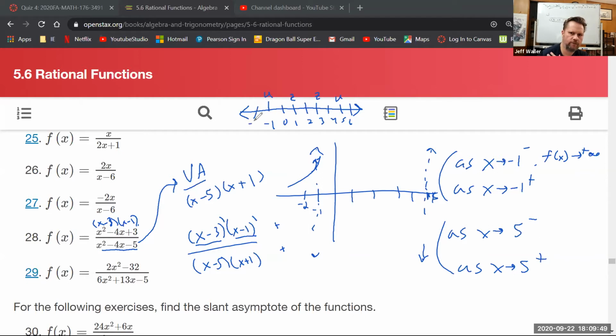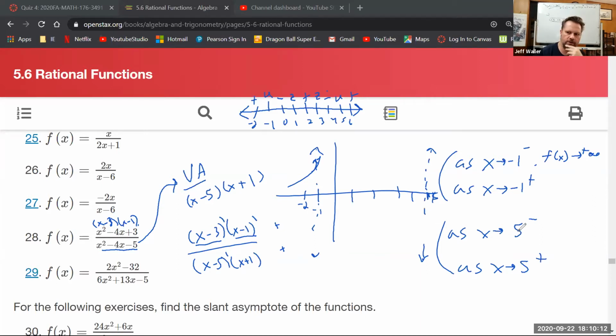So on this side, we figured out it was positive. Isn't it going to change signs here because everything's to a first power? It's just going to change signs, change signs, change signs, change signs. So what's that do for you, Jeff? Thank you so much. Well, it means on this side of 5, it's down here. So it's going to go to -infinity.